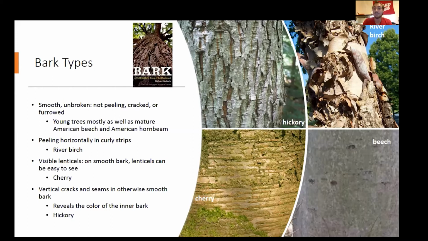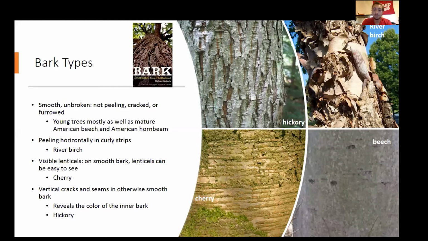It does actually have a key in the beginning that helps you identify a tree just based off its bark. The different types are: we have smooth, unbroken bark, very indicative in our beech trees, seen at the bottom right. We have peeling bark, like most of our birches, so you see our river birch in our top right.